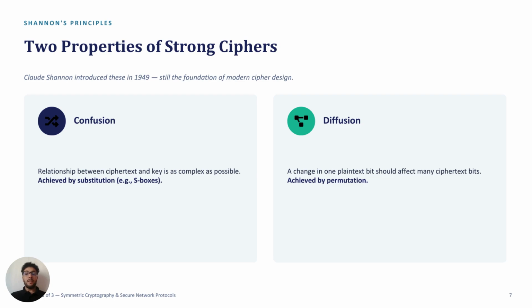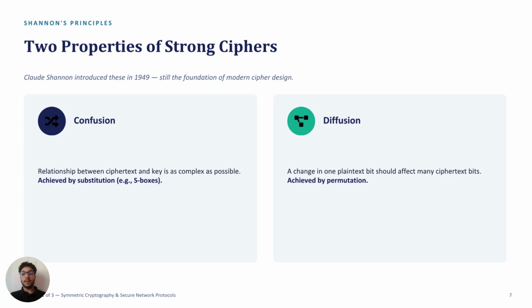Claude Shannon, the father of information theory, published a landmark paper in 1949 identifying two properties that any strong cipher must have: confusion and diffusion. Confusion means the relationship between the key and the ciphertext should be as complex and nonlinear as possible.